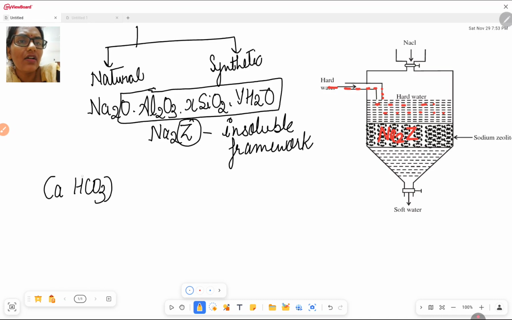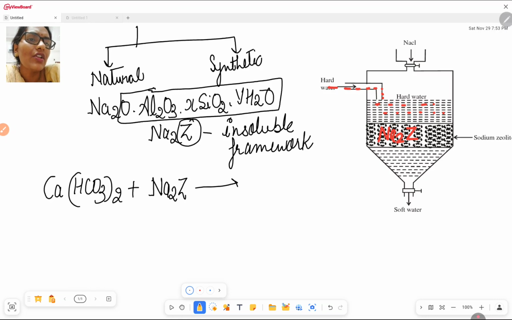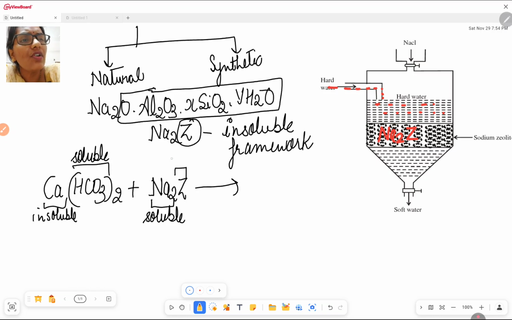Now if we are taking Ca(HCO3)2 and it is reacted with sodium zeolite Na2Z, calcium is an insoluble part, bicarbonate is a soluble part, sodium is also, everybody knows, a soluble part, and Z is an insoluble part.